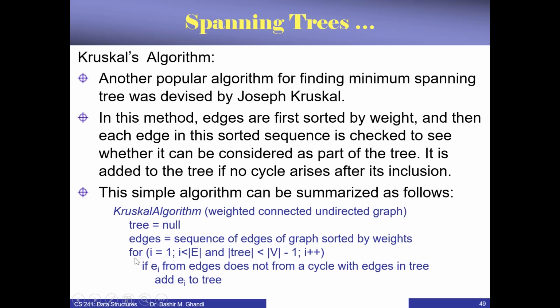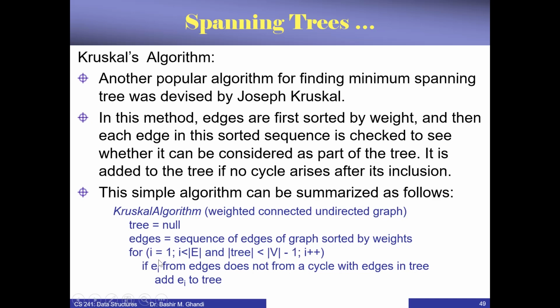And then you start a loop from 1 to the number of edges, as long as i is less than the number of edges, and the tree has less than number of vertices minus 1 edges. Because once we reach number of vertices minus 1, we should stop. The graph will have been connected at that time.